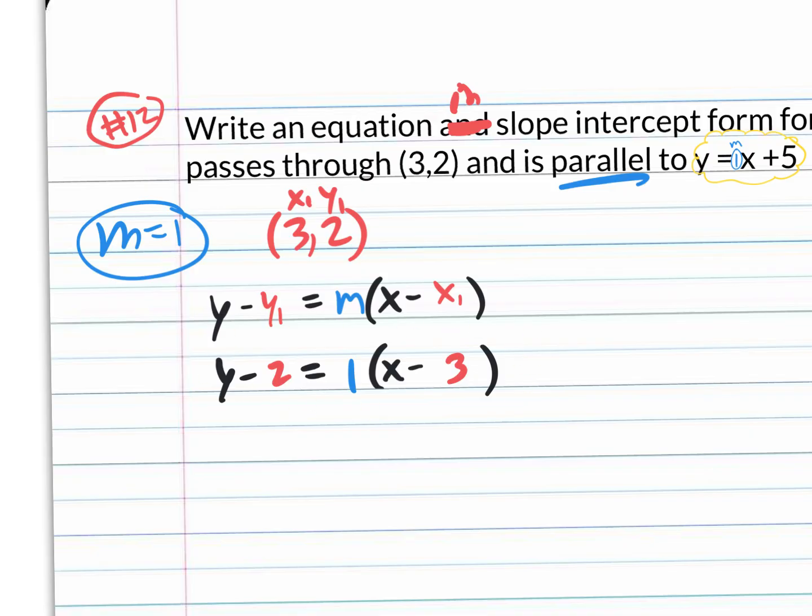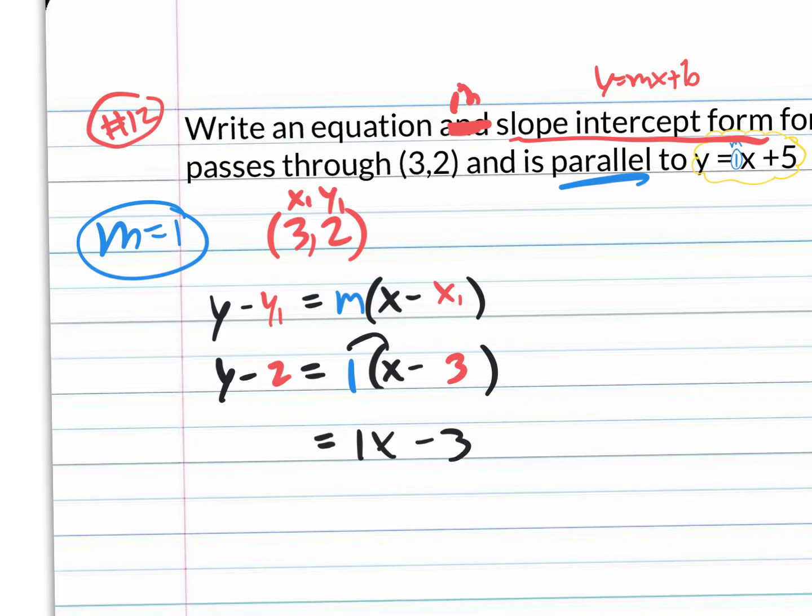That's point slope form. But the instructions do not say write it in point slope form. It says write it in slope intercept form, which is y equals mx plus b. So obviously you don't have parentheses in y equals mx plus b, and you want y by itself. So let's first get rid of the parentheses by distributing our m value, and multiplying by 1 doesn't really change anything. 1 times x is 1x. 1 times -3 is -3.